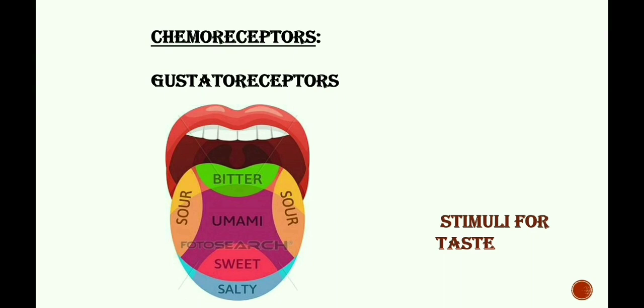Coming towards gustatoreceptors, the location is taste buds of tongue, and its main function is that it is sensitive to taste, and those tastes are sweet, salt, sour, bitter, and umami.